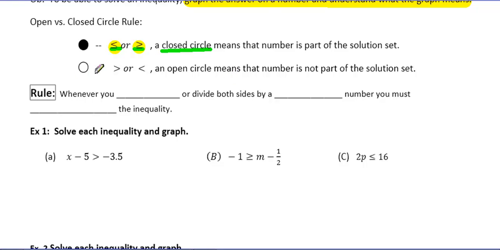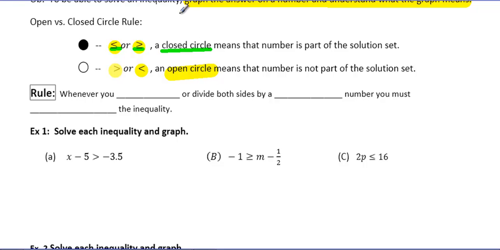When you just have a greater than or less than sign, it means you're going to have an open circle, and that means your number is not part of the solution set.